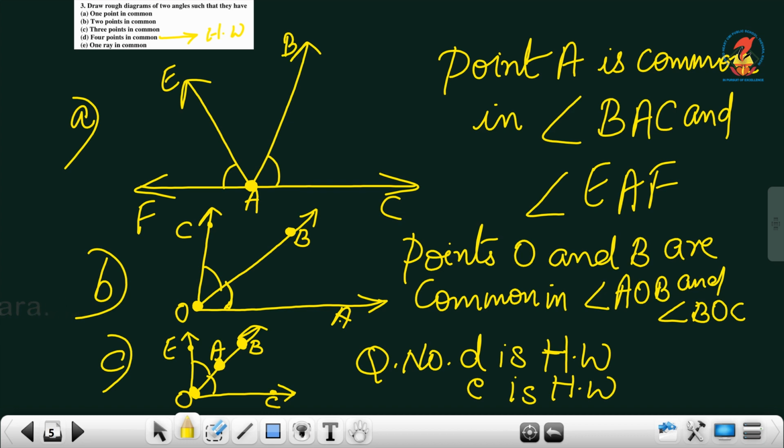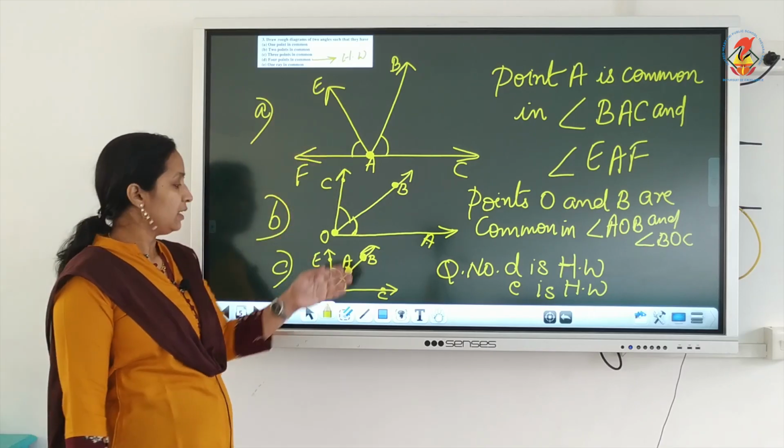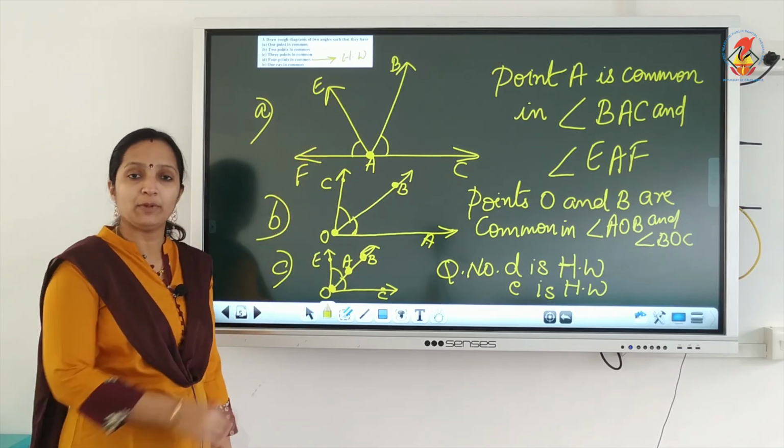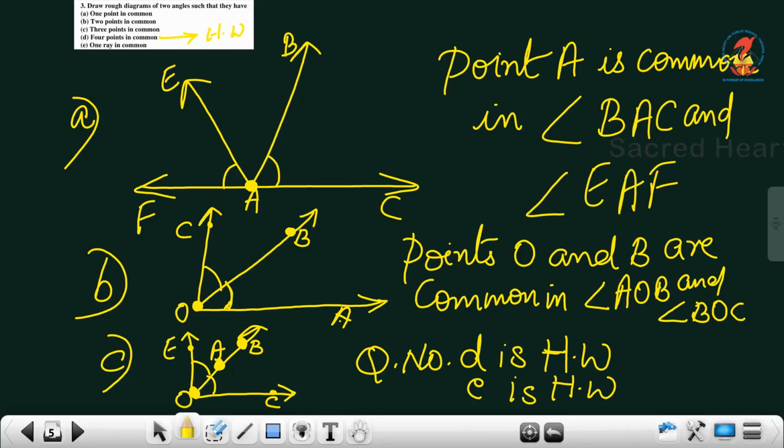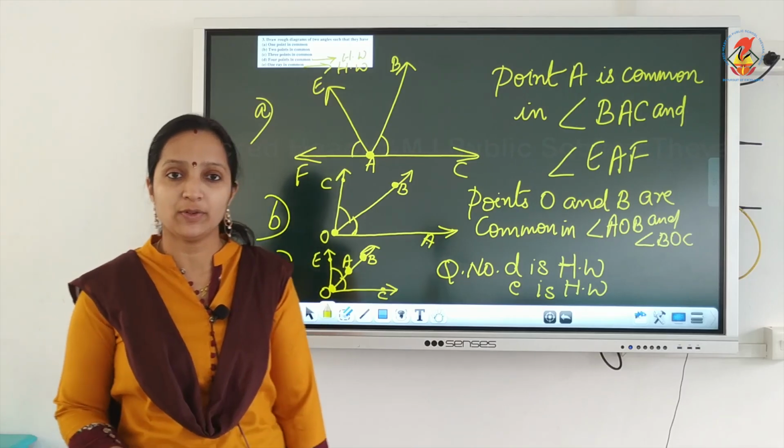So question number D is what? Four points in common. With the same figure, if you add one more point, you will get four points in common. And one ray is common is the next question. Question numbers D and E are homework questions. Try to draw the rough figure. It will be more clear for you.